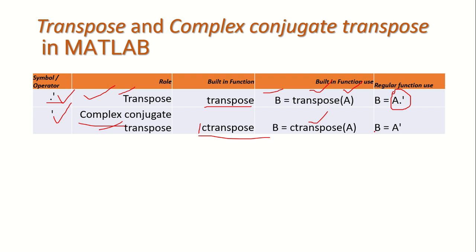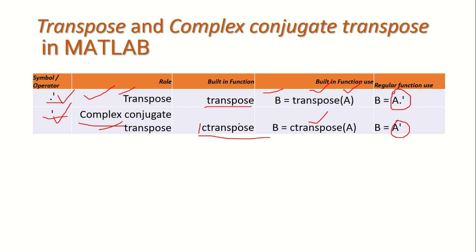Here also, A is a matrix, and its complex conjugate transpose is matrix B. We are taking A and finding the complex conjugate transpose of matrix A with the single quotation mark operator. We will see the examples of it in the next slide.